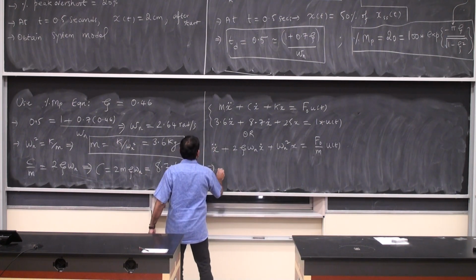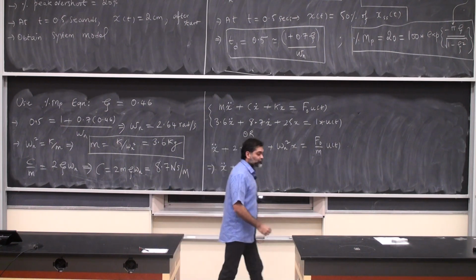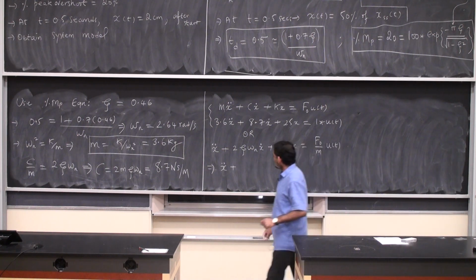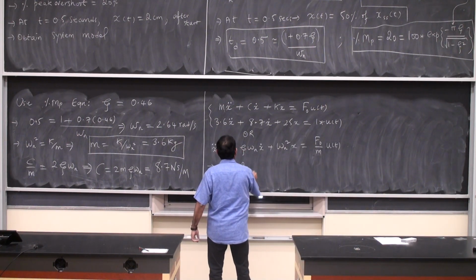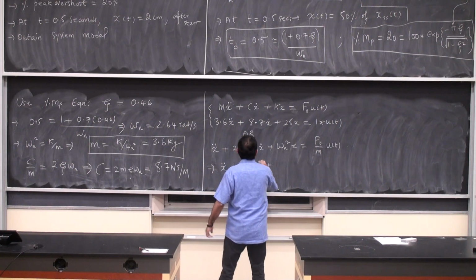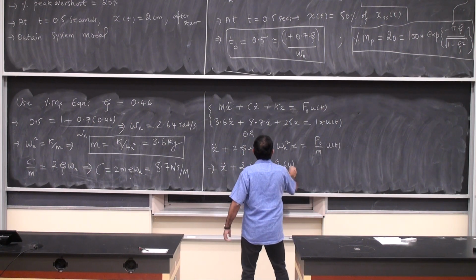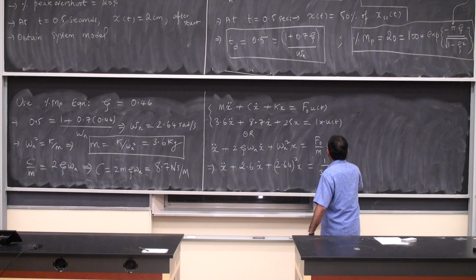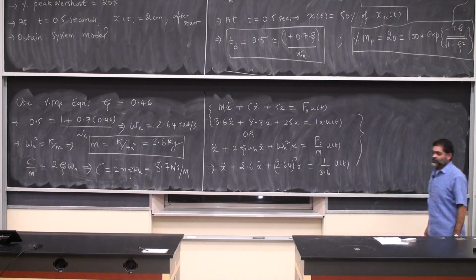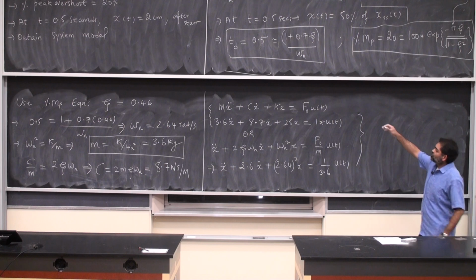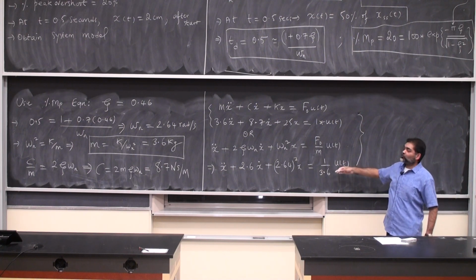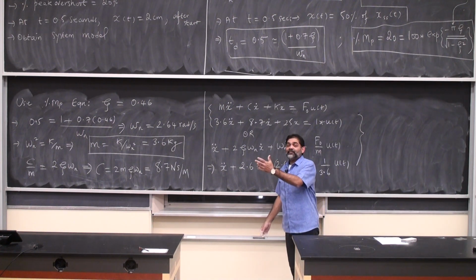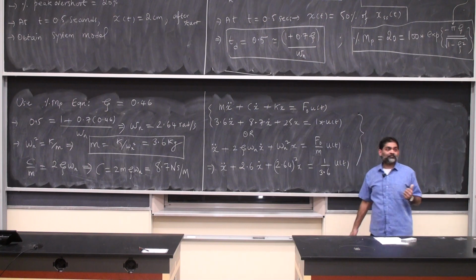So this is x double dot plus, product of all of these gives me approximately 2.6 or something x dot, and then 2.64 squared x is 1 by 3.6. So both of them are okay. You can either write the system model this way or you can write the system model this way. This is preferable because when you're taking the Laplace transforms, you always want to make sure the highest derivative has a coefficient of 1. Okay?